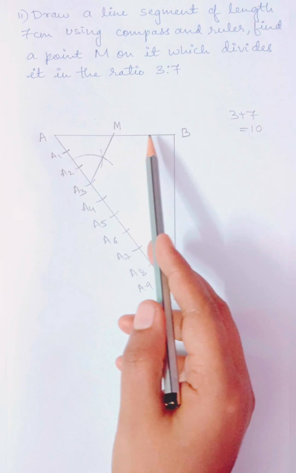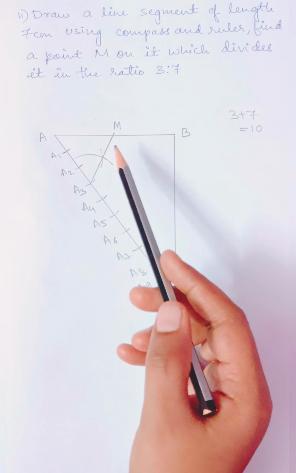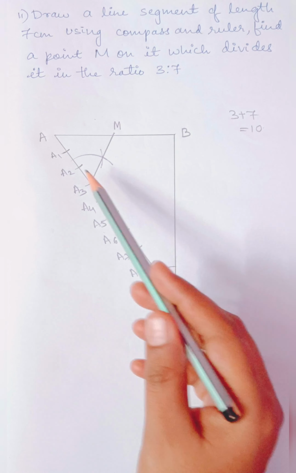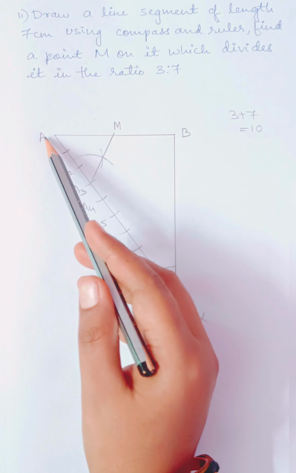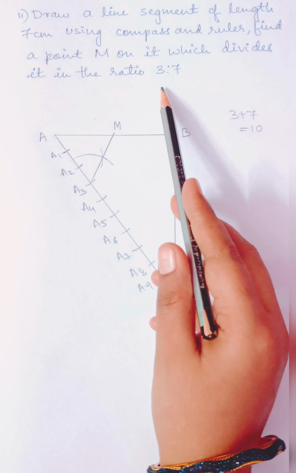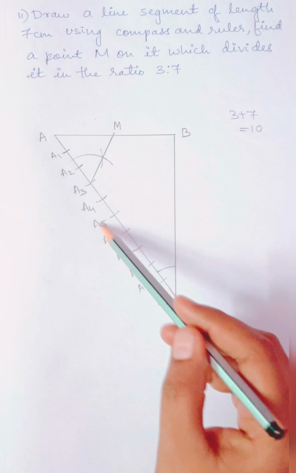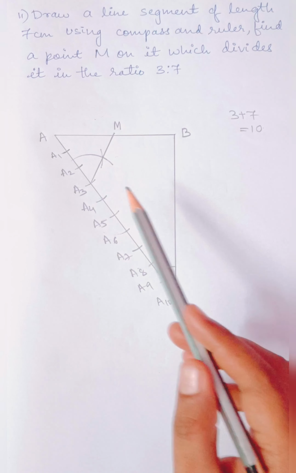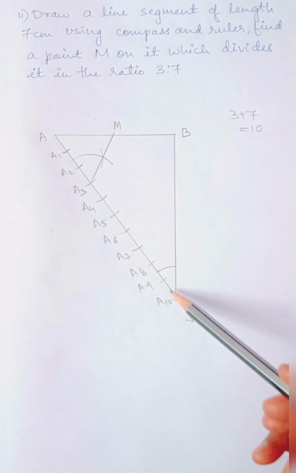So what we have to do, we have to take a 7 centimeter line and take a line at nearly 45 degrees. Then we have to mark 10 arcs, because whatever ratio is given, 3:7, we have to add that and you'll get A10. Then join from A10.